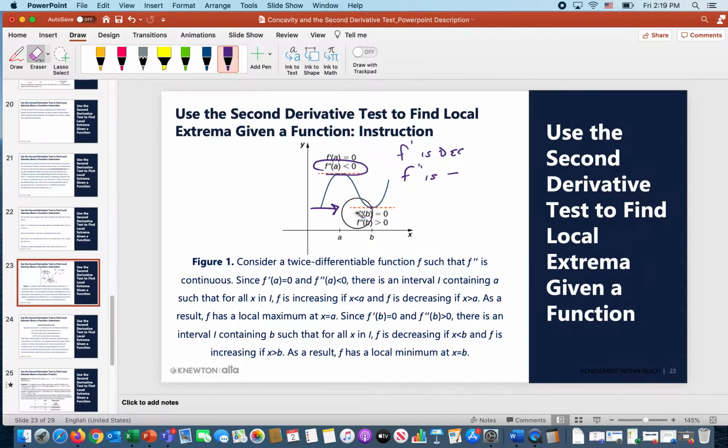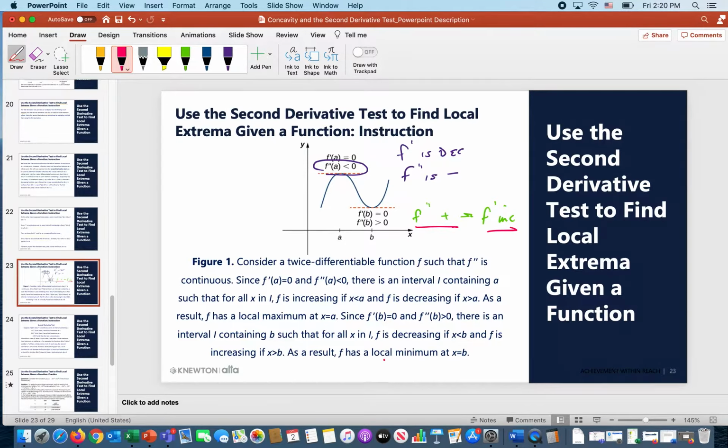Okay, so to say that f double prime is positive, right? That's really what that means. f double prime is positive implies that f prime is increasing. Okay, so we can see our tangent line is very negative, and as we go from left to right, it becomes very positive. So that's a signal that our first derivative is increasing and our second derivative is positive.